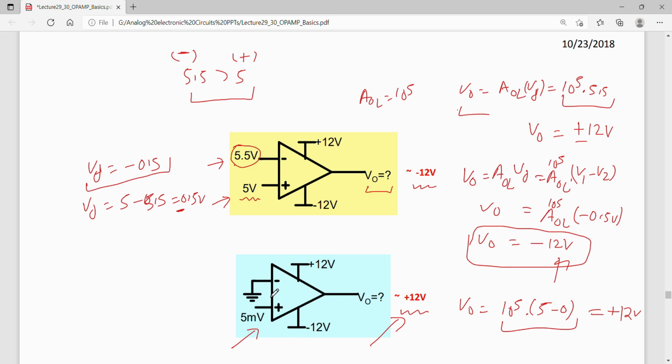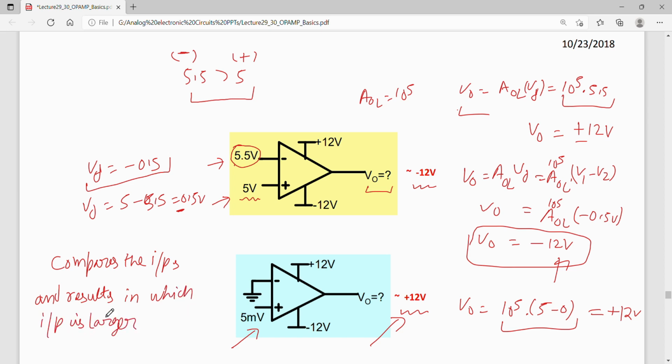So this tells me which input is greater. That is, it compares the inputs and results in which input is larger. So it does the job of a comparator. If the input applied at the inverting terminal is large, then the output will be negative, clipped to the negative power supply.